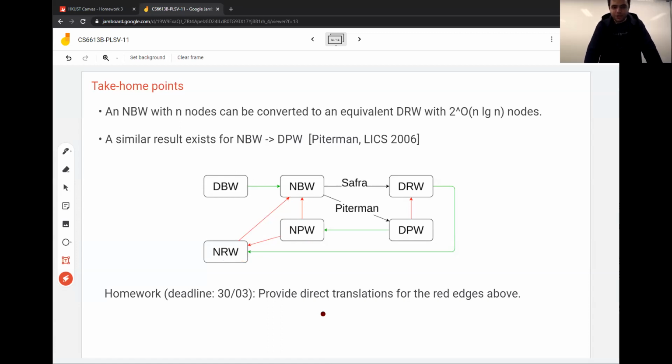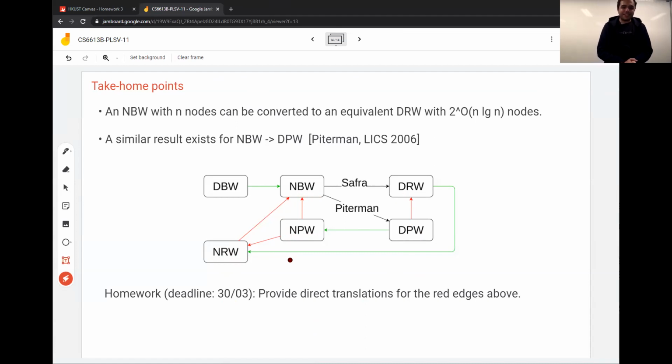And these are the homeworks that I want you to do. So I'm going to ask you for 4 reductions. And this is by the end of this month. So from deterministic parity to deterministic Rabin, from non-deterministic parity to non-deterministic Büchi, from non-deterministic parity to non-deterministic Rabin, from non-deterministic Rabin to non-deterministic Büchi.